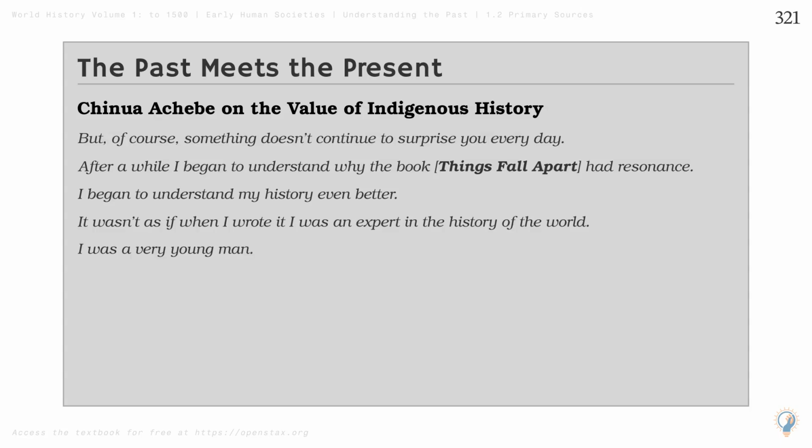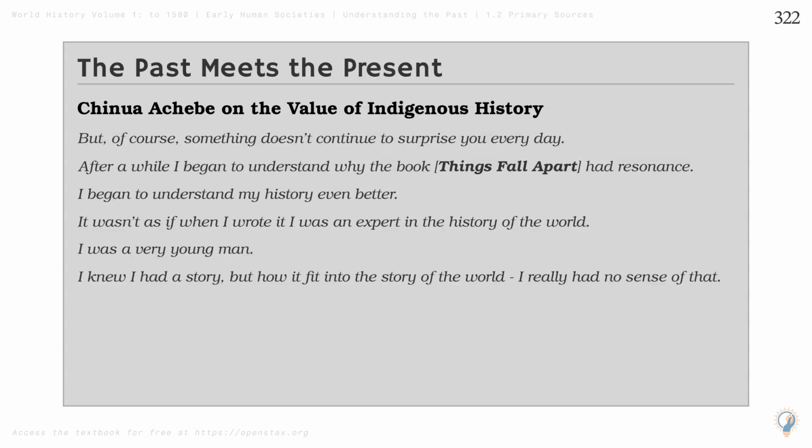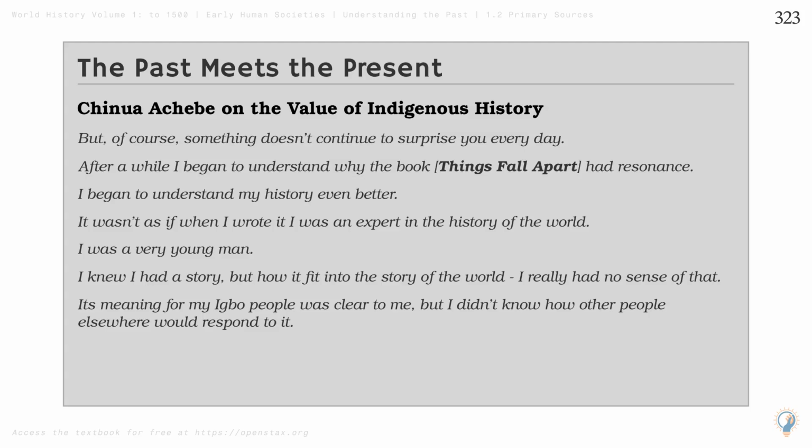I was a very young man. I knew I had a story, but how it fit into the story of the world, I really had no sense of that. Its meaning for my Igbo people was clear to me, but I didn't know how other people elsewhere would respond to it. Did it have any meaning or resonance for them?